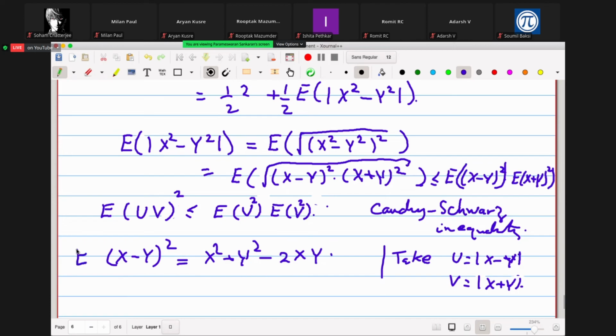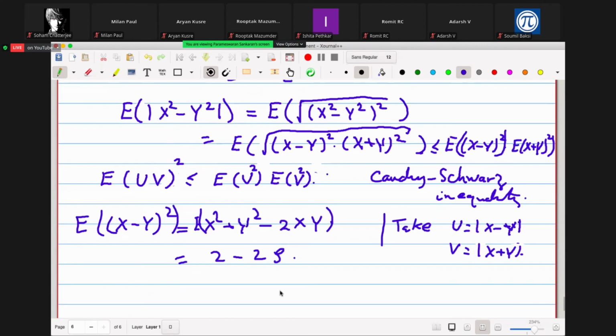So now I have to compute the expectation of this. You are given something about this. This is 2 minus 2 times the expectation of xy, which is rho.